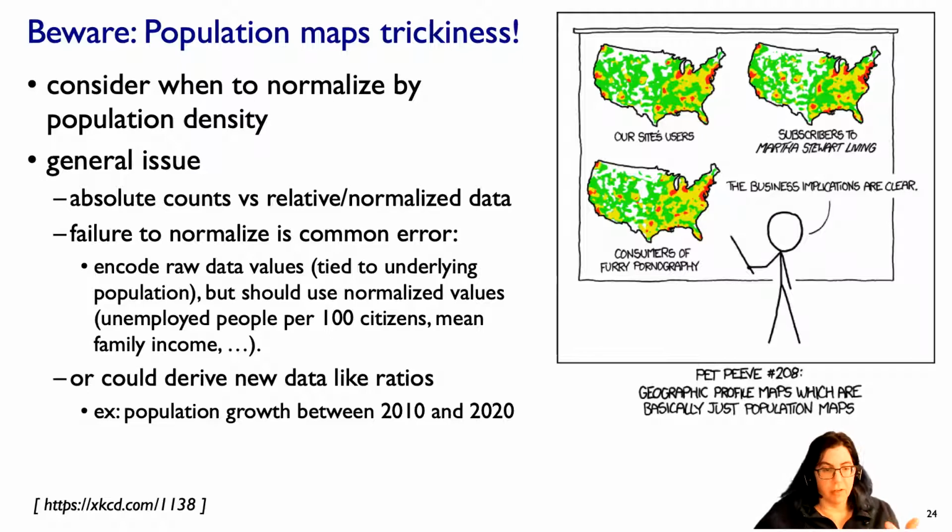You might divide by unemployed per 100 citizens or something like that. So another thing you might want to do is maybe derive new data, right? You might derive a ratio like the growth between one year and another. So really be careful when you're using choropleths to think about normalization issues so you don't draw false conclusions.